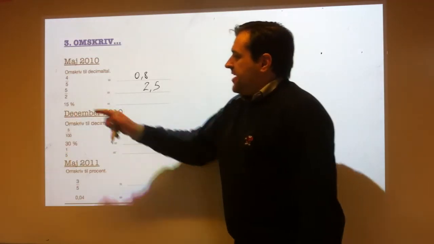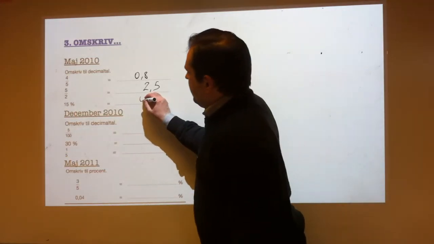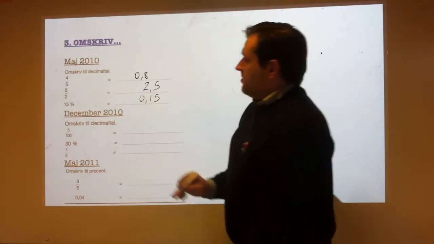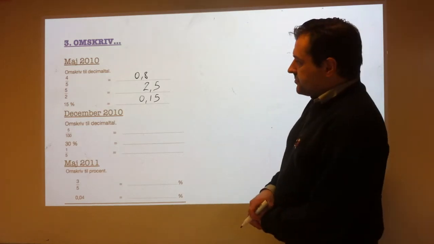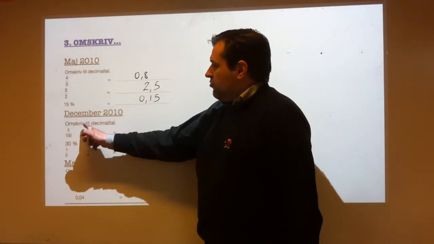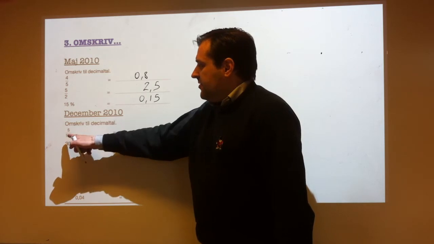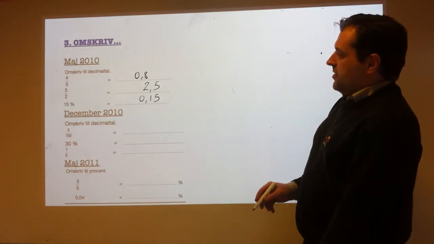Okay, 15%, so to get that to a decimal, I divide by 100, and it's 0.15. Rewrite as decimals, 5% divided by 100.